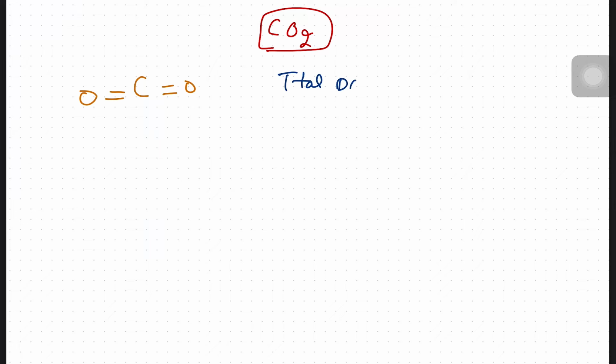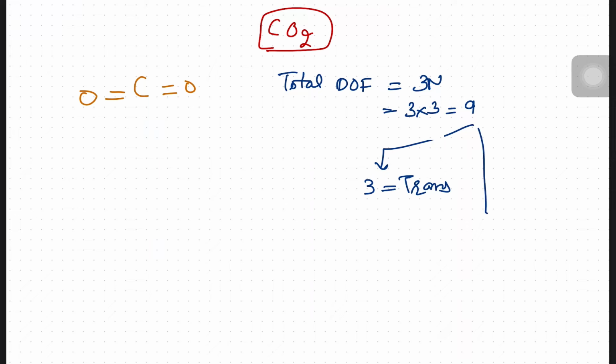Let's understand with the help of an example. For example, you have a carbon dioxide molecule. We all know that it is linear in nature, as carbon in this is sp hybridized. So in this the total degrees of freedom will be 3n, so 3 into 3, 9, out of which 3 will be translational.